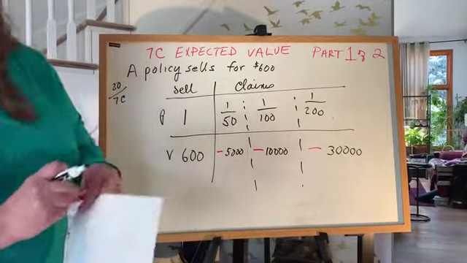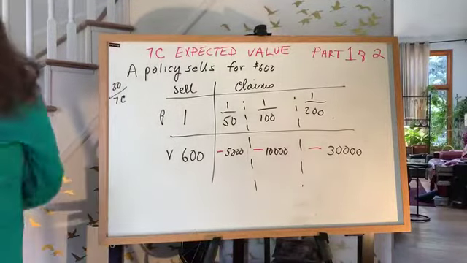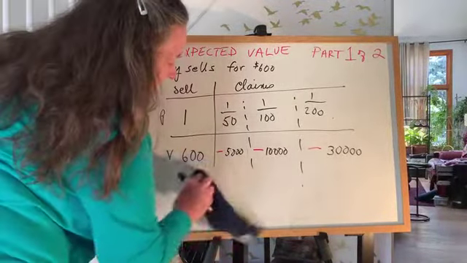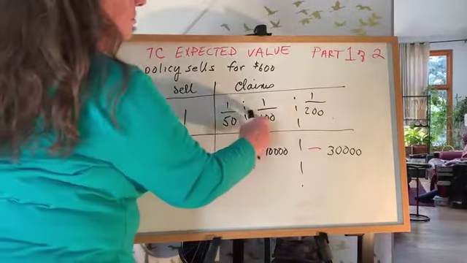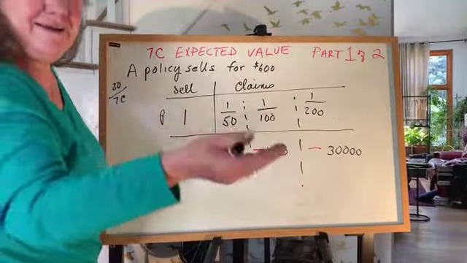At this point, I need to write my expected value equation. Okay? And this time I have 1, 2, 3, 4 events. So I'm going to have 4 things.